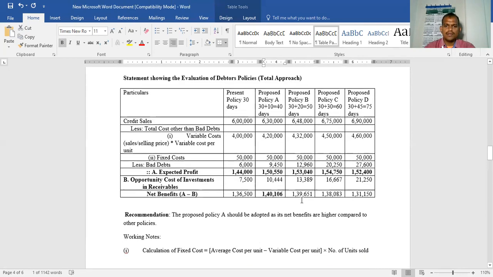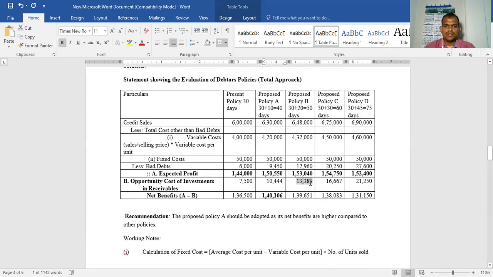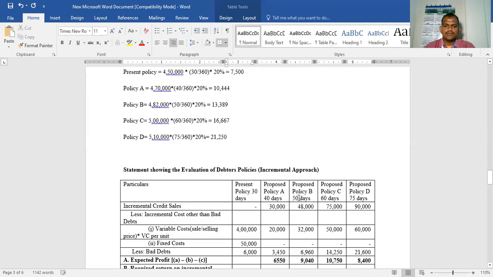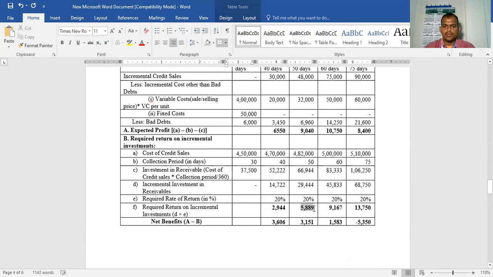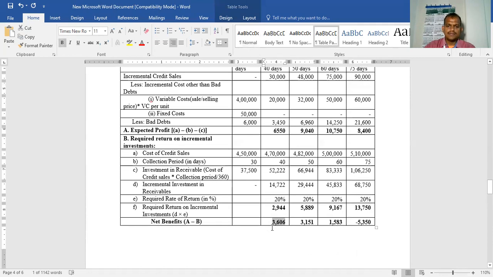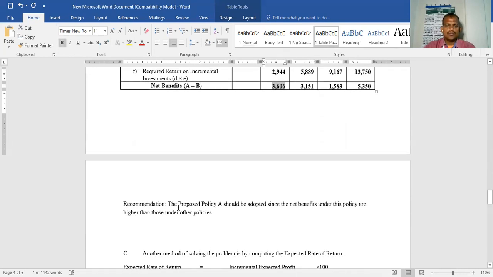And here also 13,389 minus 7,500. The same amount. Okay. So in this case also, policy A has highest net benefits. So the proposed policy A should be adopted since the net benefits under this policy are higher than those under the other policies.